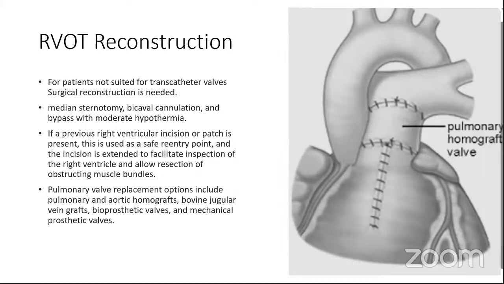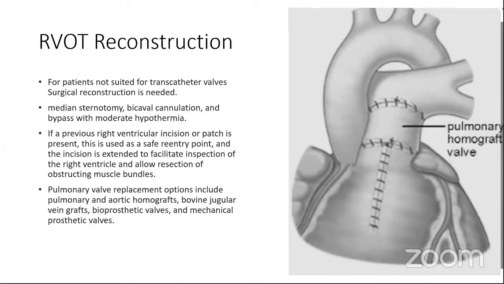If there is a previous right ventricular incision or patch, this is considered a safe re-entry point, and the incision can be taken there. The incision is extended to facilitate inspection of the right ventricle and allows resection of the obstructing muscle bundles.